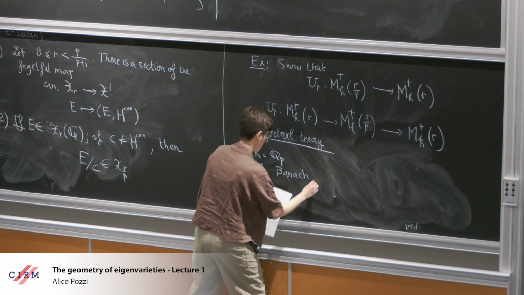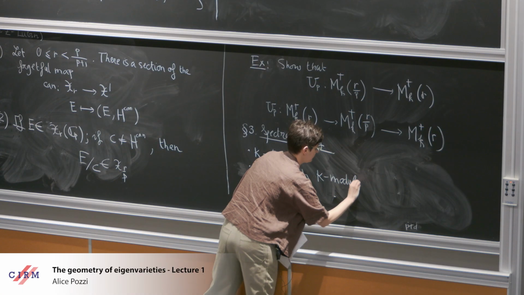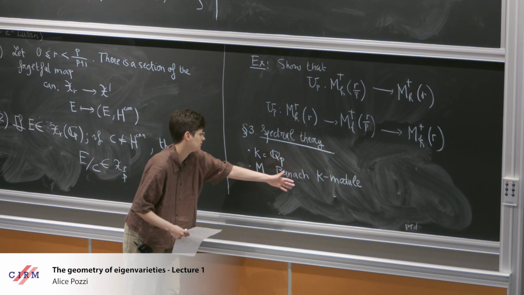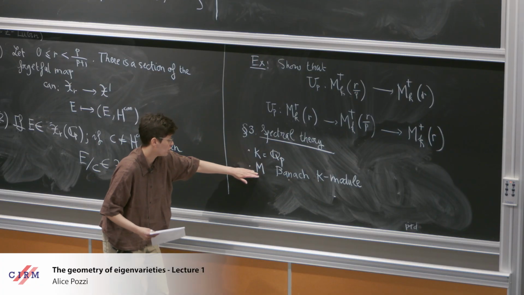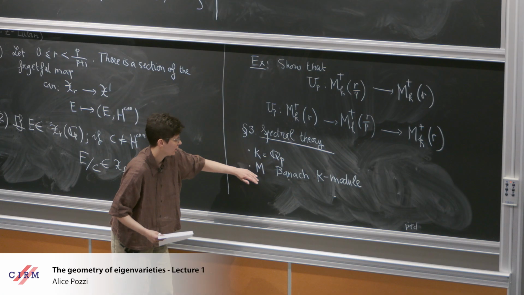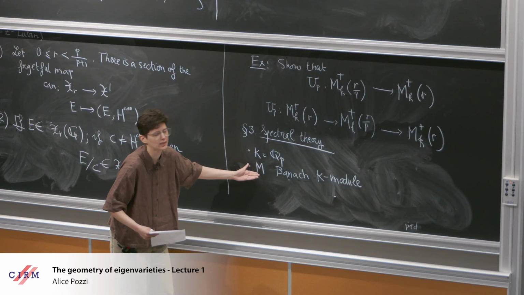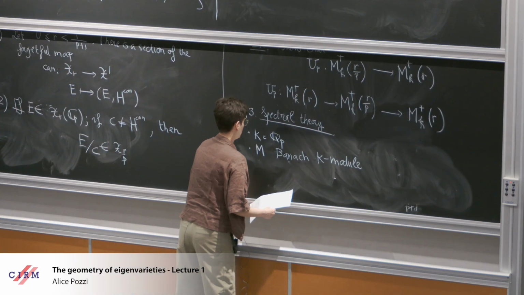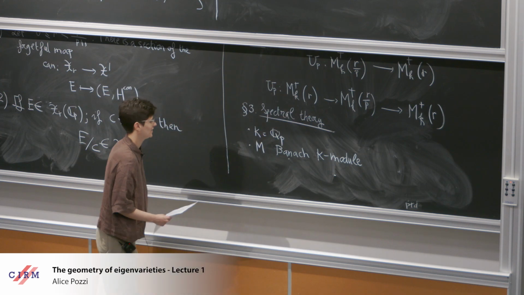M is a Banach K module. So it's going to be a potentially infinite dimensional vector space over K, together with a norm. It's going to be complete with respect to that norm, and this is going to be compatible with the norm in K. This is going to be this guy in practice.